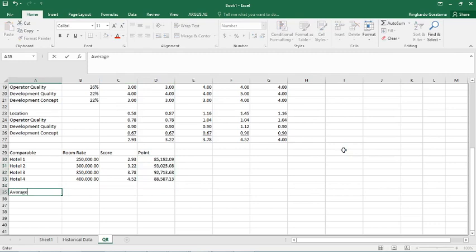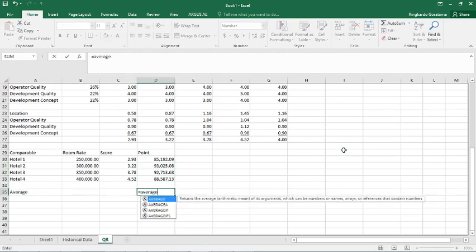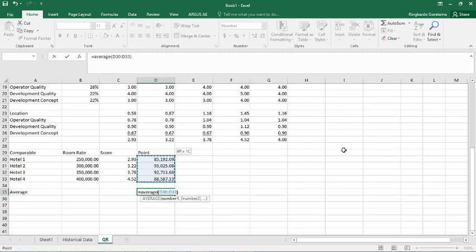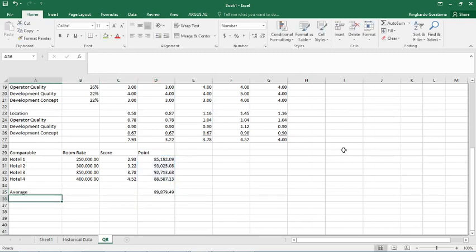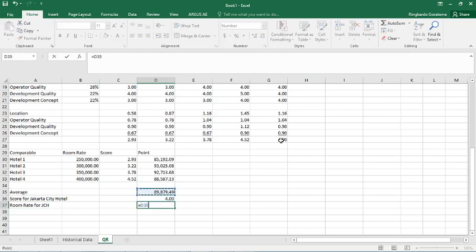And the average will be, and the score for Jakarta City Hotel is 4. So we know the room rate for Jakarta City Hotel is 89 multiplied by 4.